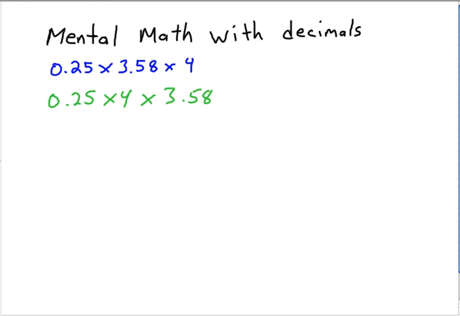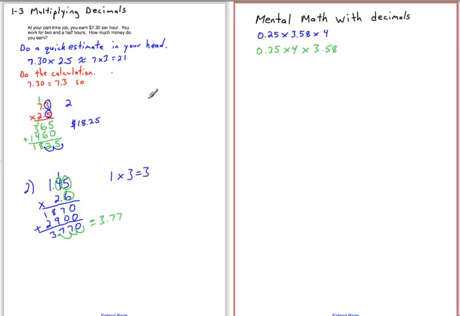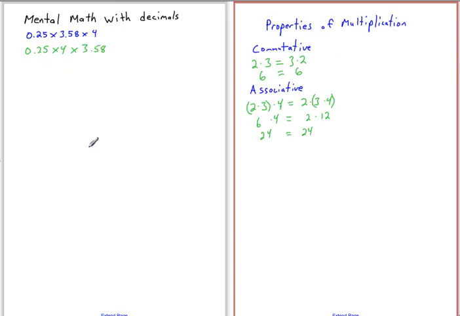Let me split screen that so you can see what I'm talking about. All right, here we go. So actually we can start with the associative property. So I'm first saying, let's do these two first. And then the commutative property is saying, well, I can change the order of those.